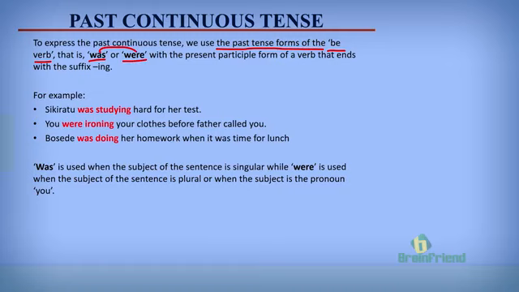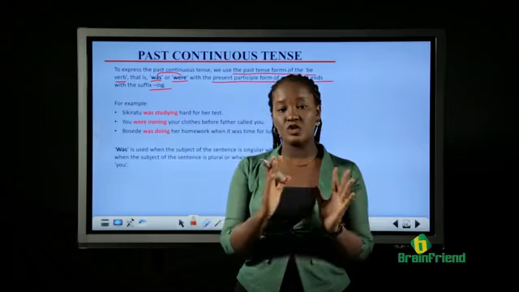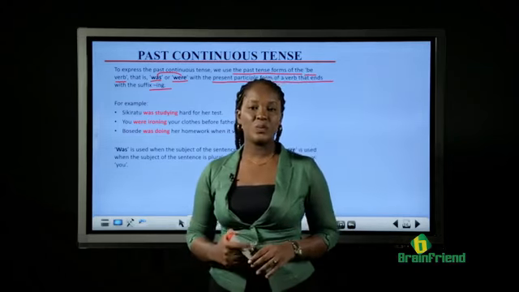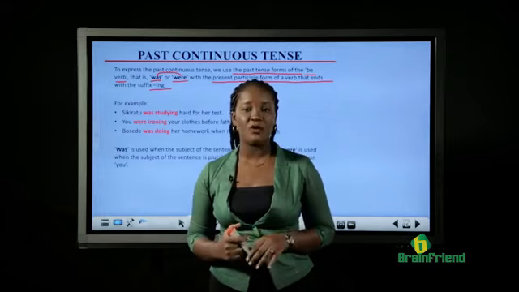We use these verbs with the present participle form of a verb that ends with the suffix ing. Present participle form, we use the past tense of the verb be, that is was or were, together with the present participle form of the verb.